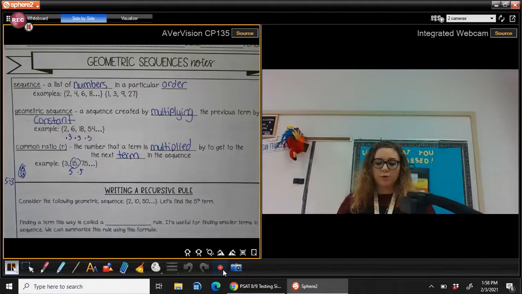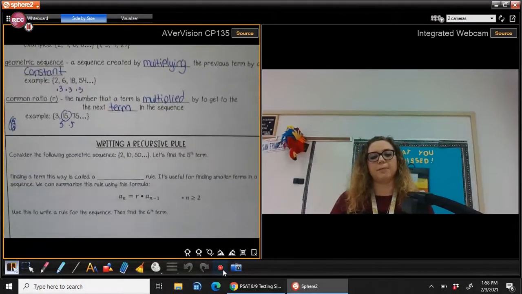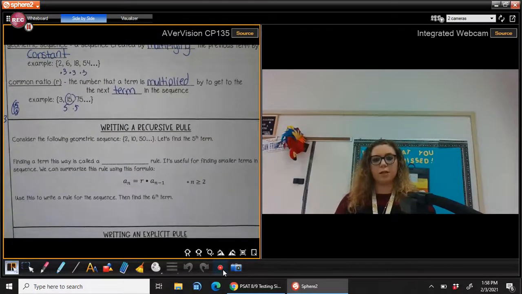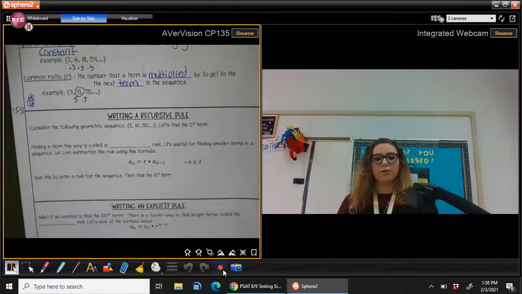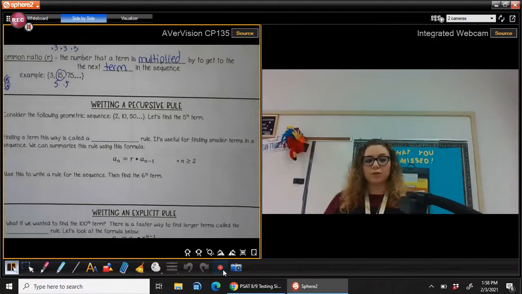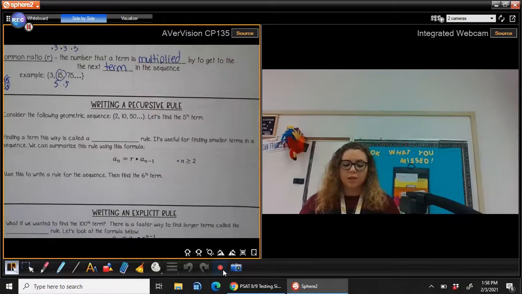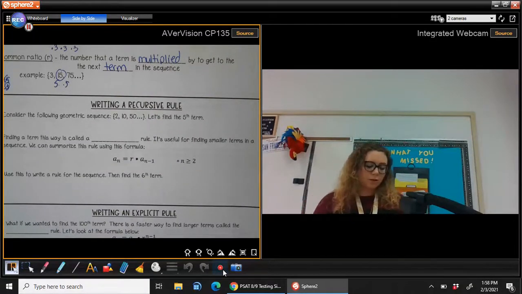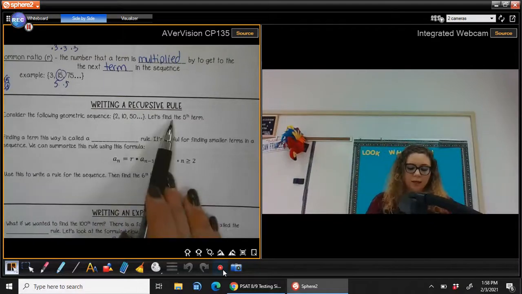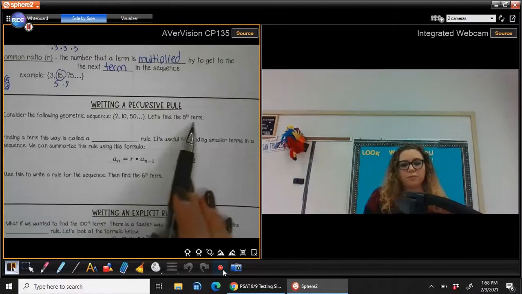So there are two formulas you need to learn, and you can be good at both of them. The first one is the recursive formula. So consider the following geometric sequence: 2, 10, 50. Let's find the fifth term.